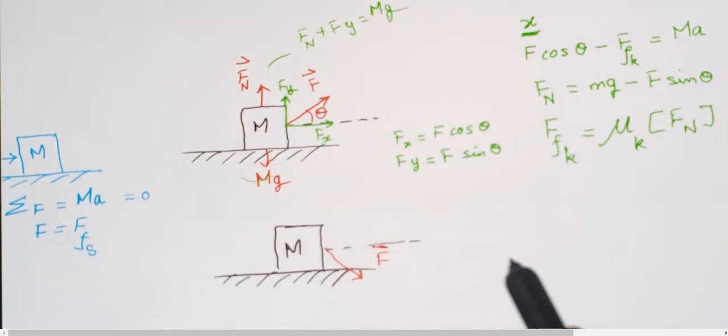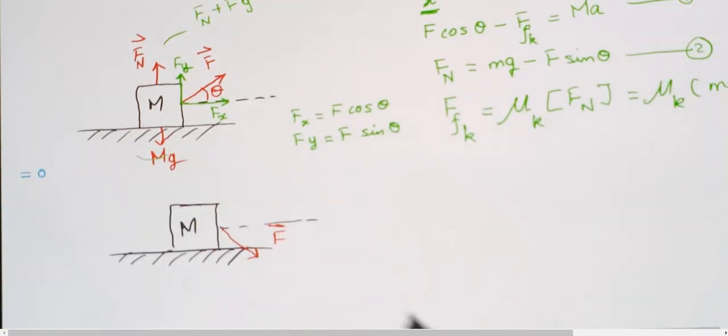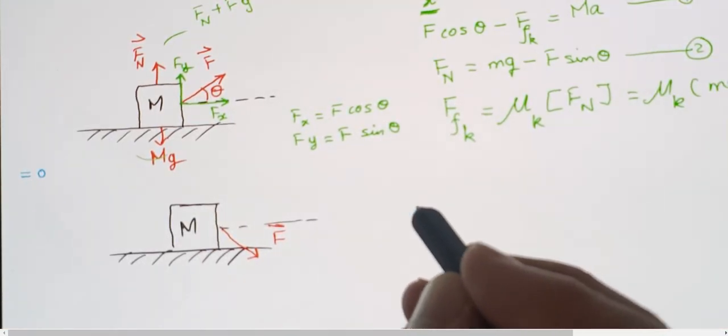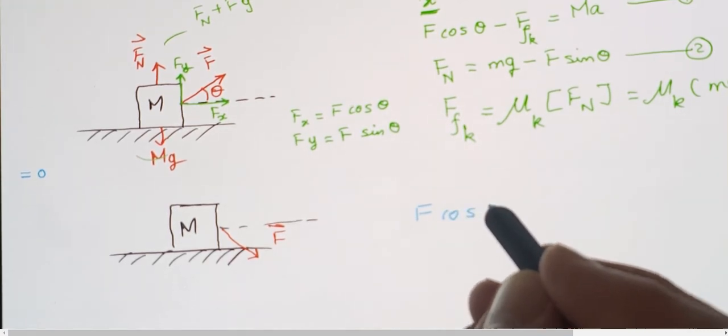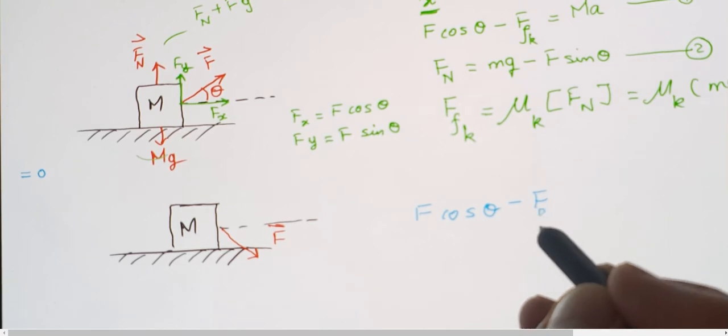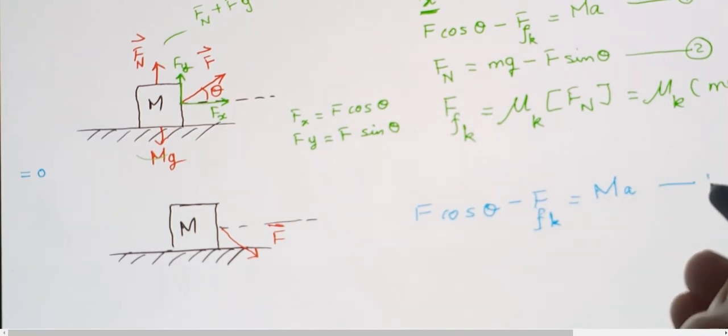That is our F. So let's write our equations. F cosine theta minus the force of friction is equal to MA. It will not change. It's the same.